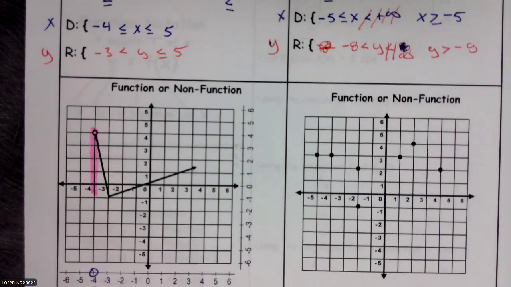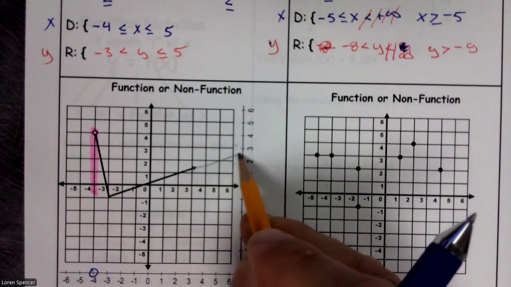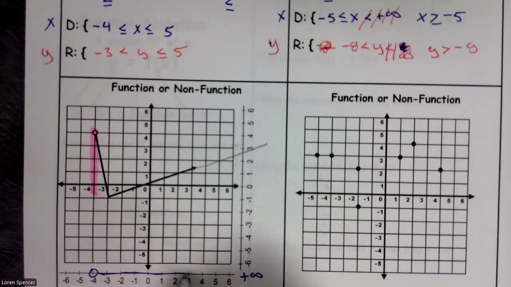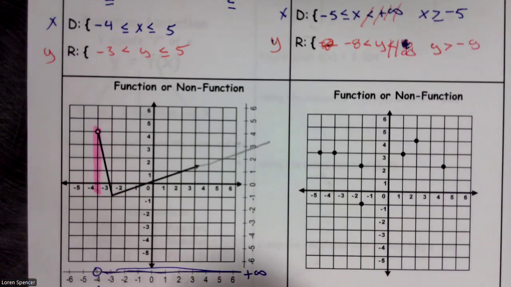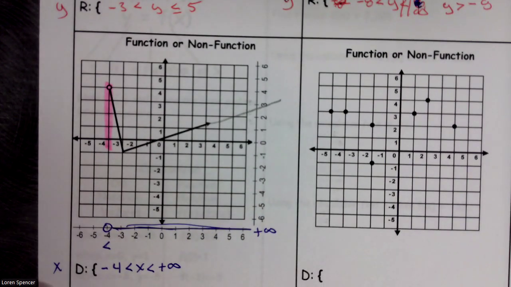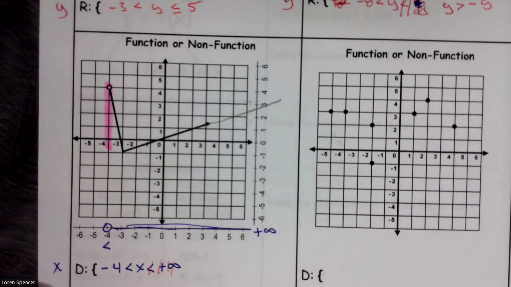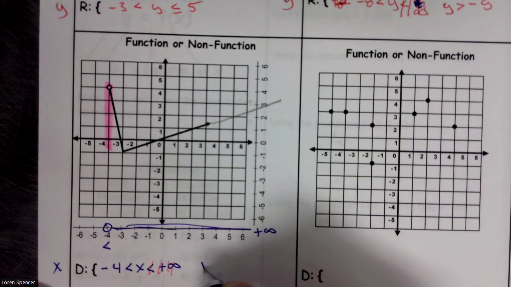This arrow continues on, and in the x direction, it's going to positive infinity. So less than positive infinity. But we can't have infinity, so we cross that out. And we have to flip it so that the variable's on the left, and we have x is greater than negative 4.